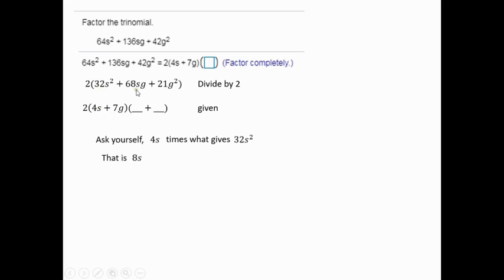And then I end up with 8s. Then I ask myself, 7g times what would give me 21g squared, and I end up with 3g. So I can just use that method there, using the hints to get by. This is just a homework problem to get through, but it just helps us to understand factoring a little bit more, and we think about the FOIL process.